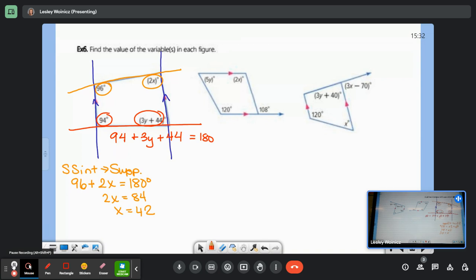If I subtract the 94 and the 44 away from 180, what's left? 42. 42 divided by 3 is 14.